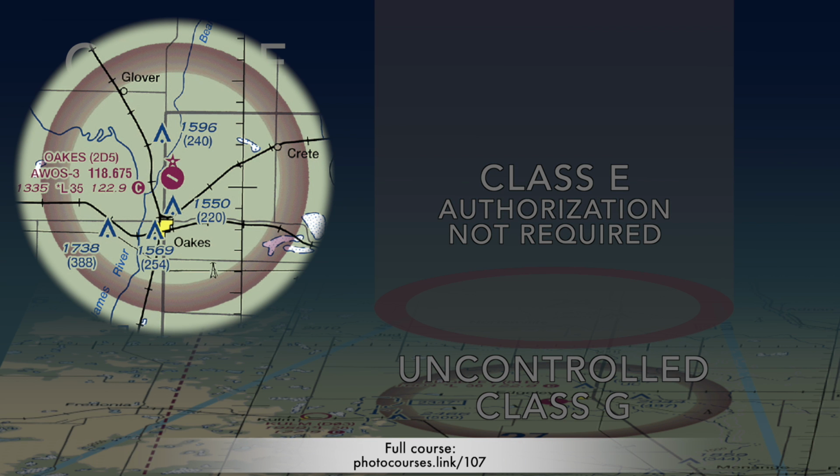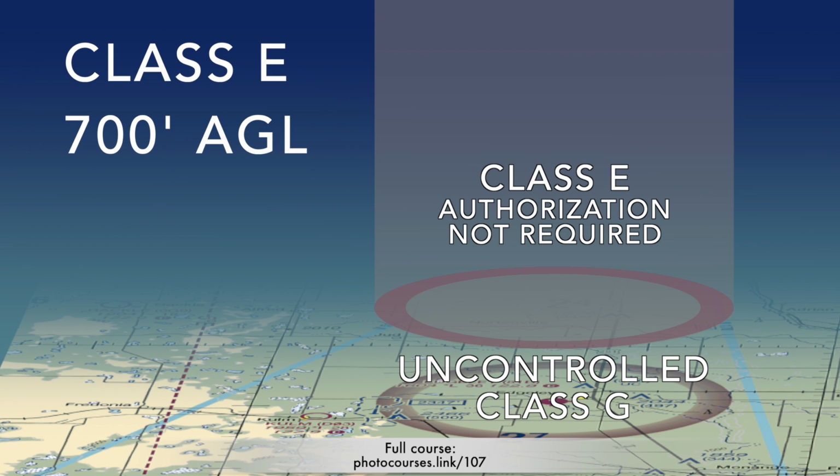You don't have that dashed magenta line inside of that. And this means that the airspace underneath, at the surface of the airport on the runway, is Class G uncontrolled airspace. The controlled airspace, Class E, doesn't start until 700 feet AGL above that airport, and you're mostly going to find these situations at rural airports.